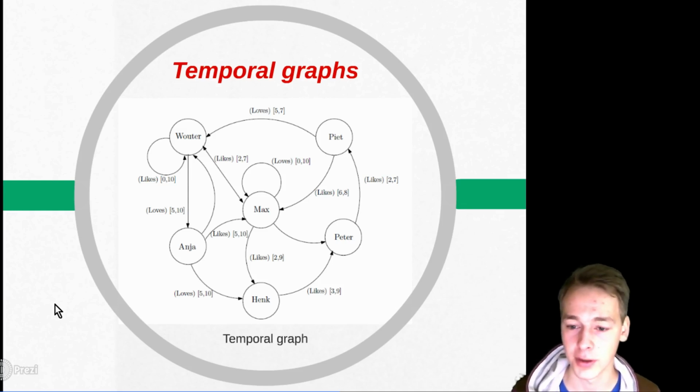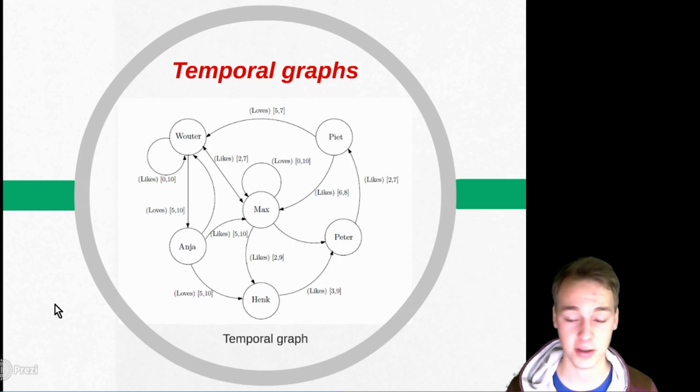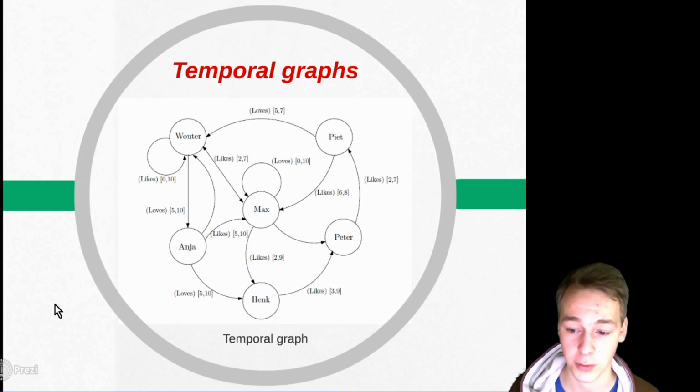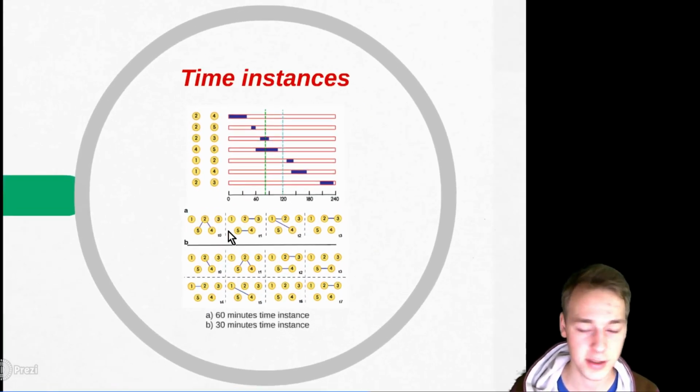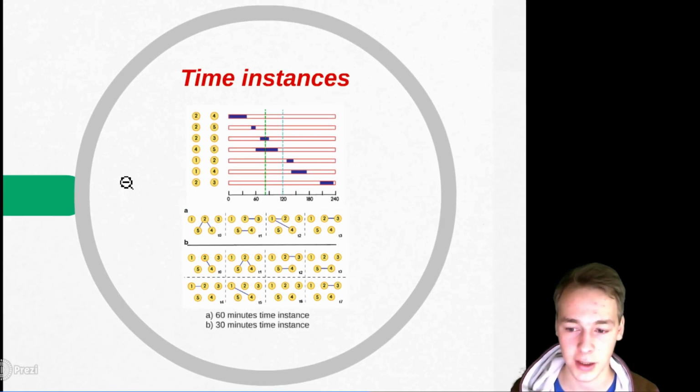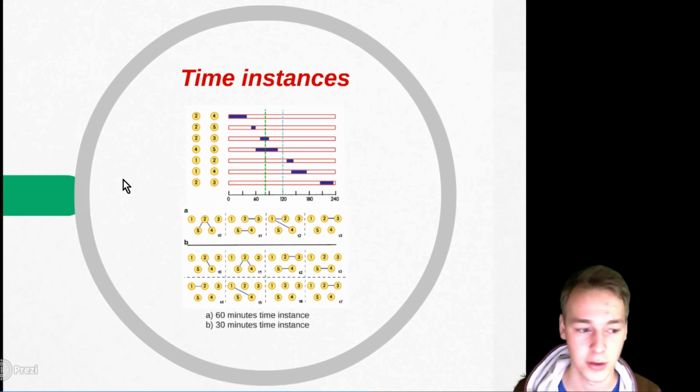For example, some definitions use time instances as simply one time instance, some use ranges, and some use multiple ranges. And these time instances are pretty important to a temporal graph.